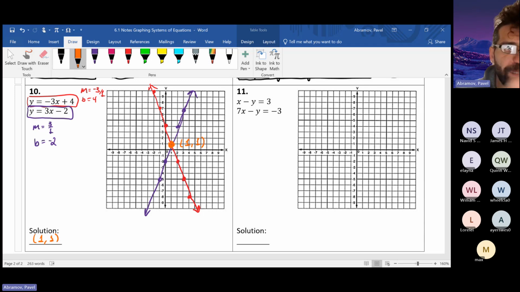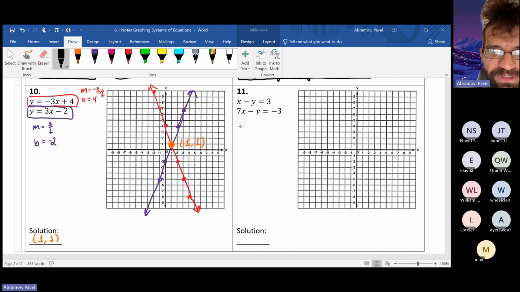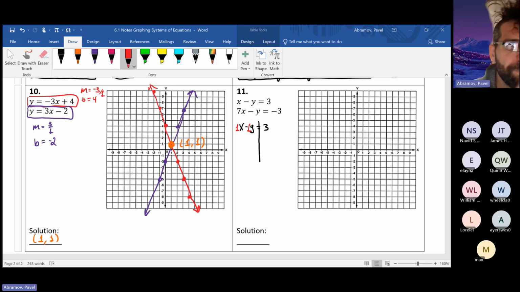Finally, the last example, we have both equations that are not in slope-intercept form, so we have to rewrite both of them. So we start with x minus y equals 3. It is helpful for us to put the coefficients in front of our variables. So you can put 1 in front of x and 1 in front of y.